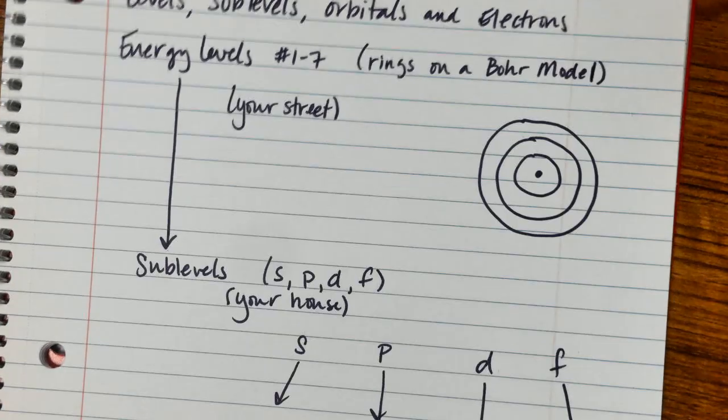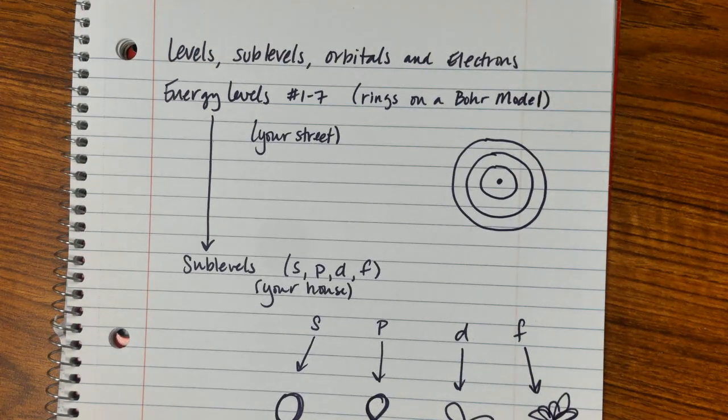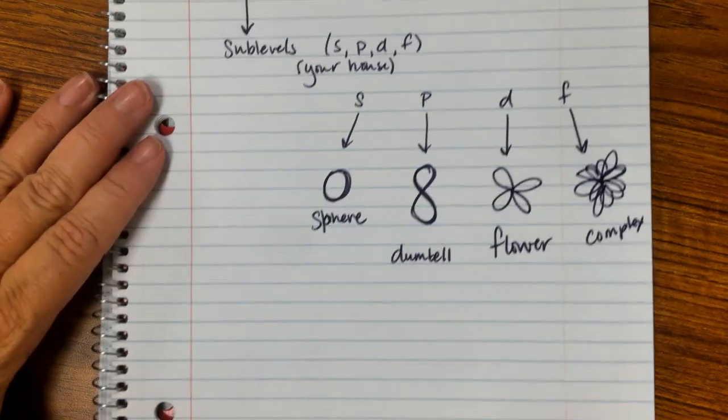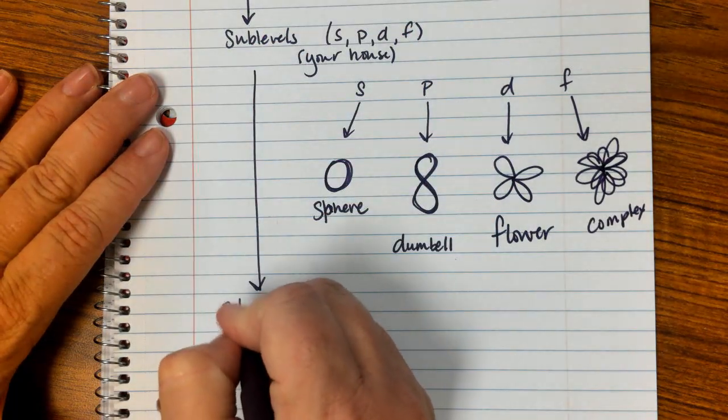So, again, let's back out. We went from the electron cloud is your neighborhood, the energy level is your street, the sublevel is your house, and so what is an orbital? The room that you live in the house. Good. So within sublevels we have orbitals.